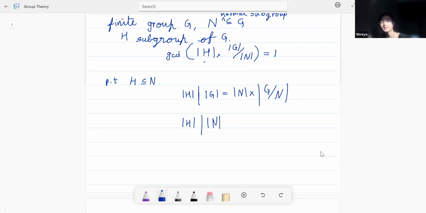Well, H is a subgroup of G, so the elements of H are actual values from G. They are not sets. So it doesn't make a lot of sense to say it's not a subgroup of G by N. It's not even a subset of G by N. They are just different types of elements. G by N is a set of sets, and this is a set of normal elements.